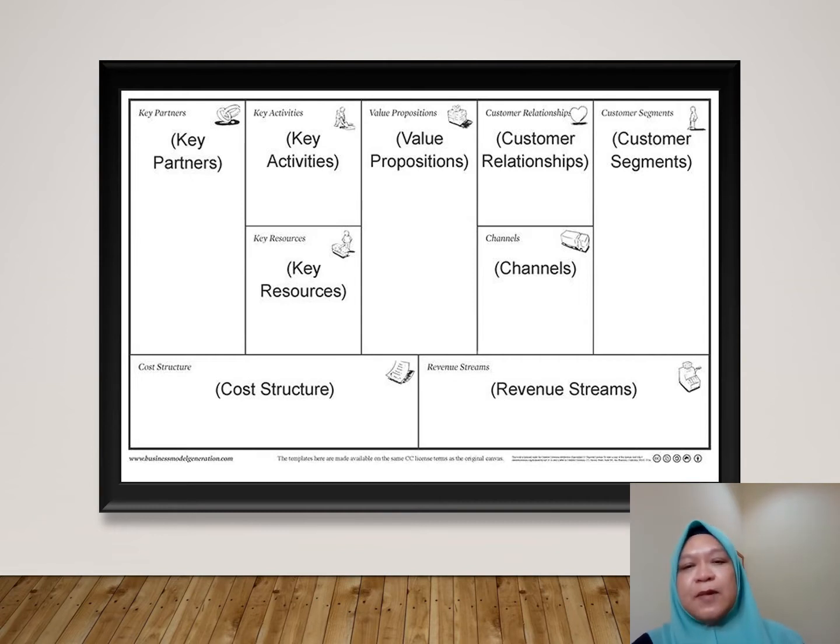When you want to do the BMC, first you have to divide your paper into 9 blocks and try to fill in all these blocks. You just list all the components or elements for your business.